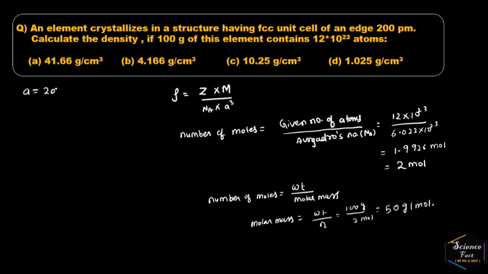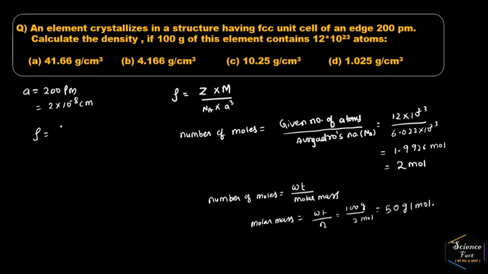So the edge length is 200 picometer, and this can be written as 2 into 10 raised to the power minus 8 centimeter, because 1 picometer is equal to 10 raised to the power minus 12 meter, and 1 meter is equal to 100 centimeter. Finally we get 2 into 10 raised to the power minus 8 centimeter. So this is the edge length.